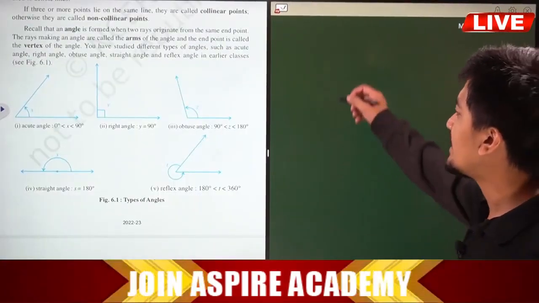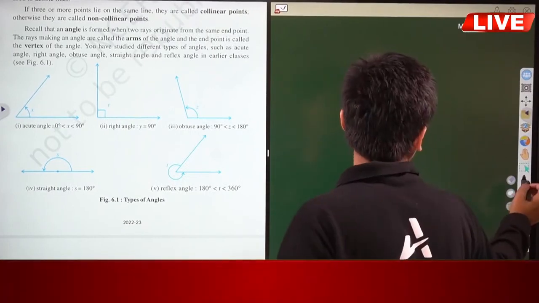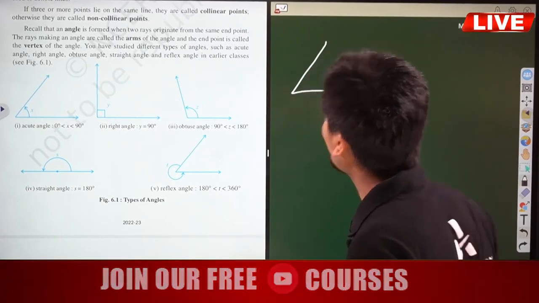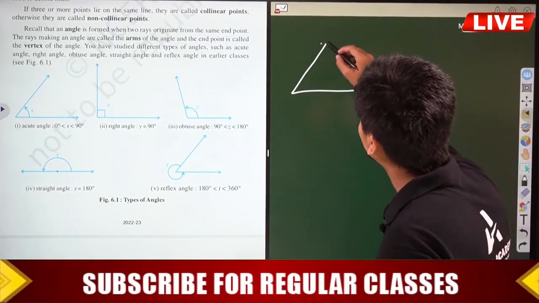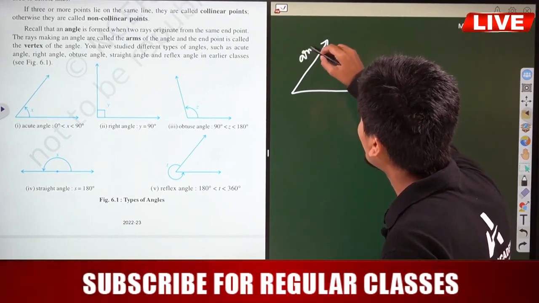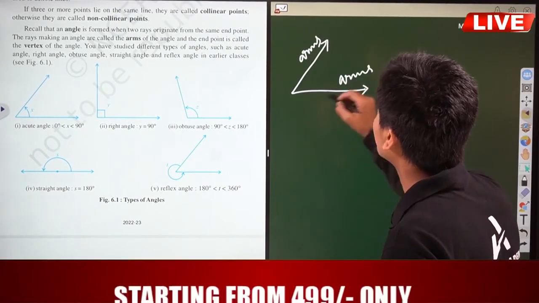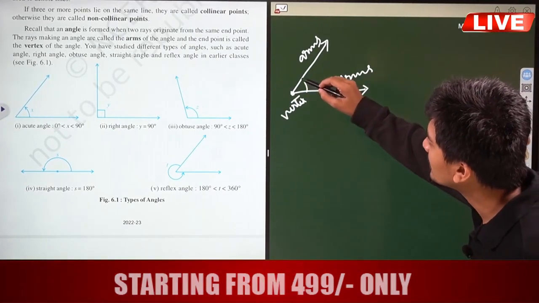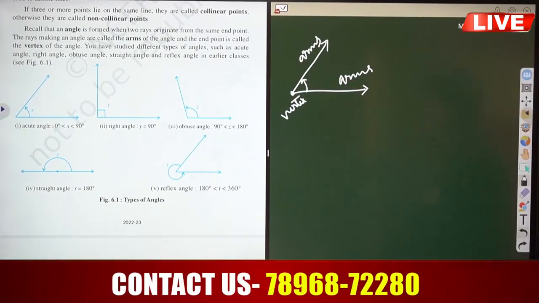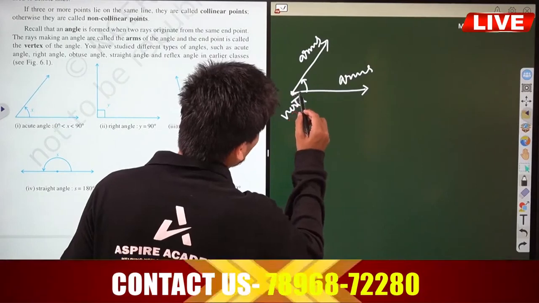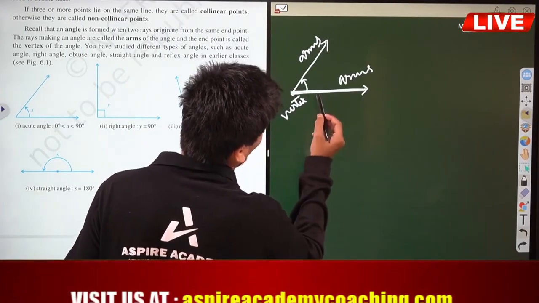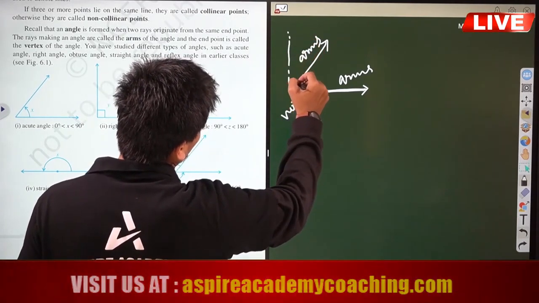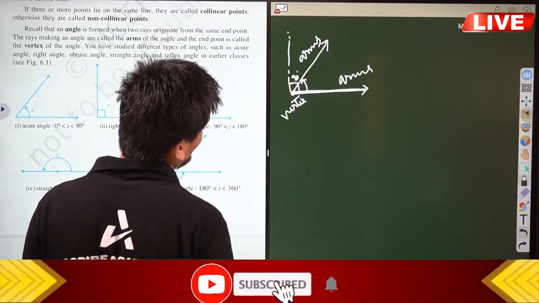Now see here. If I make this angle, this is one ray and we call these arms, and this point is the vertex. So this is an angle. Since this line will be 0 degree and it goes on increasing like this, and you all know that this whole straight part is 90 degree.